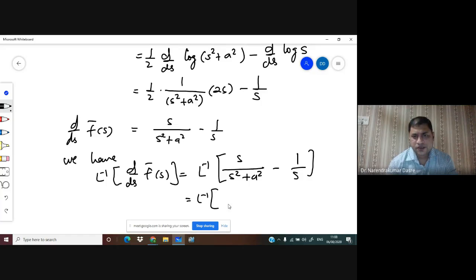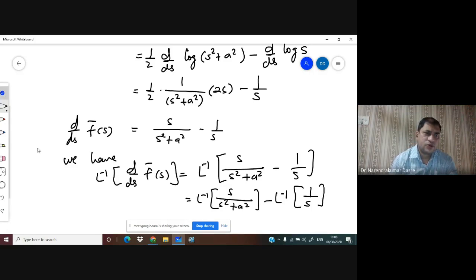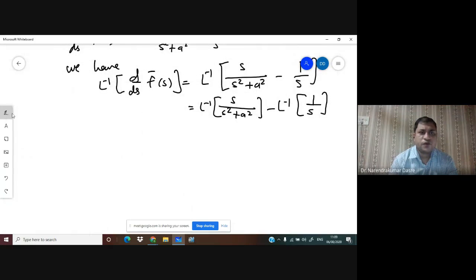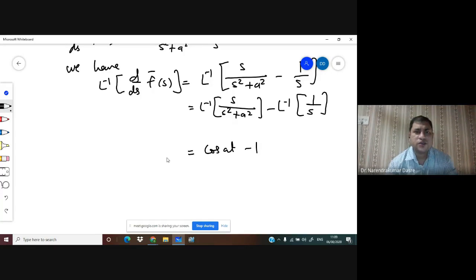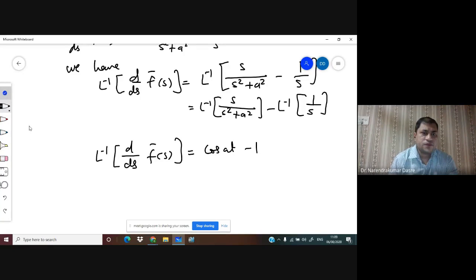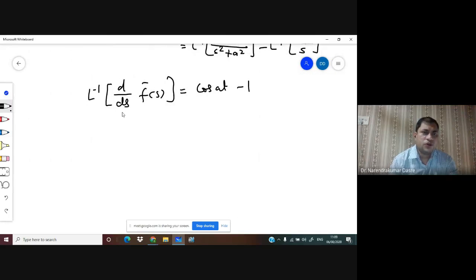So this is Laplace inverse of s upon s square plus a square minus Laplace inverse of 1 by s. Okay, and now this is going to be cos of at minus 1. So we got here the inverse Laplace transform of d by ds of f bar of s. So now this completes our second step.